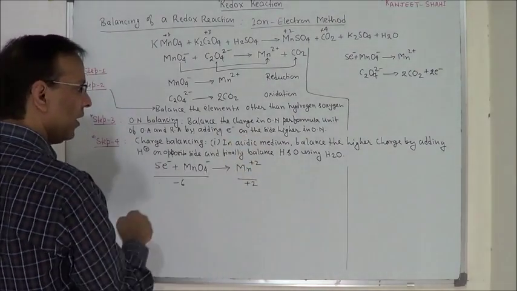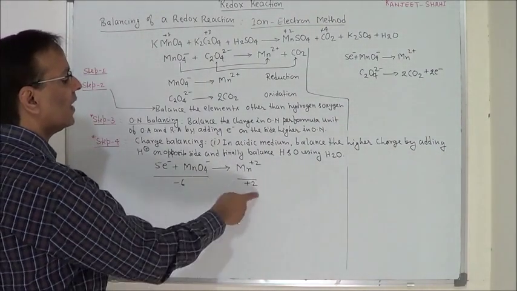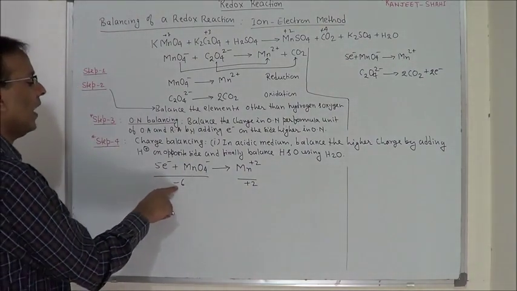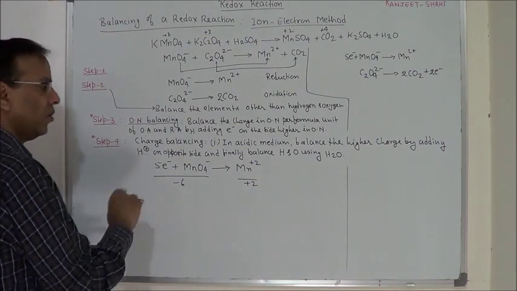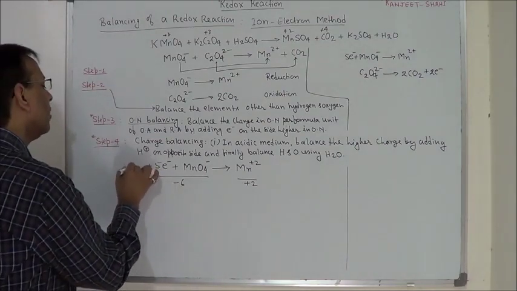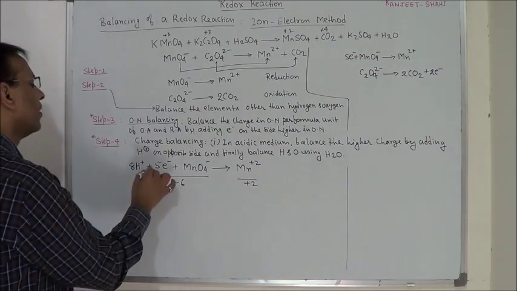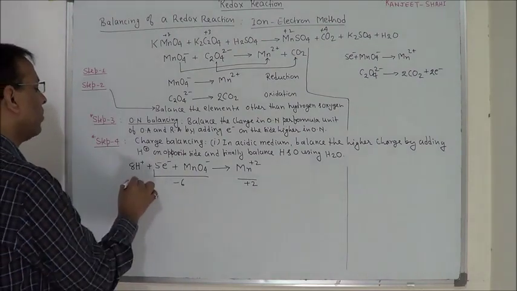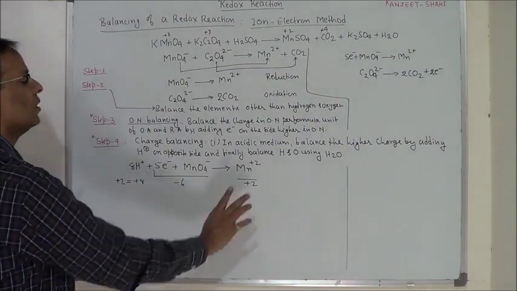So in acidic medium, there should be plus 2 charge on both sides, the higher charge on both sides. So in order to make this plus 2, we'll have to add plus 8. Plus 8 units of charge will have to be added on the left side, and that will be done using 8 hydrogen ion. So after this we'll have minus 6 and plus 8, so total plus 2, and that will be equal to the charge on the two sides.